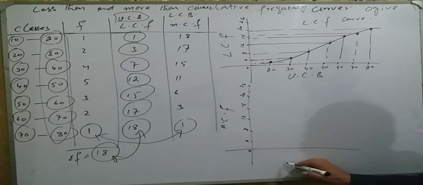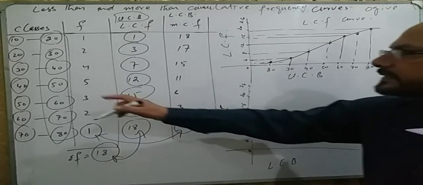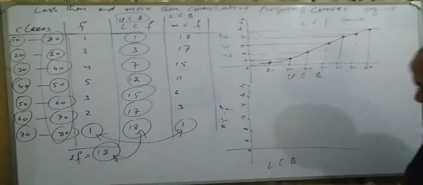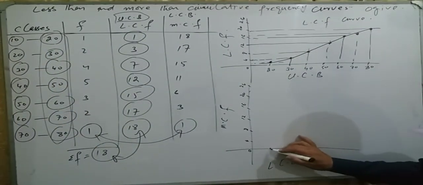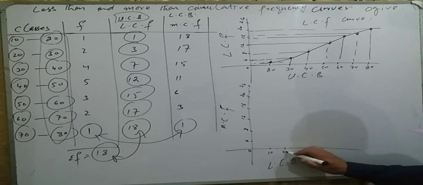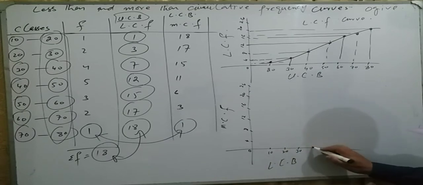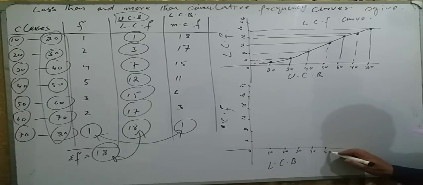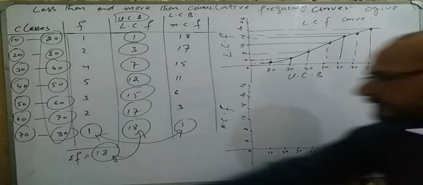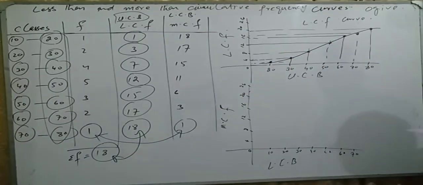And on the x-axis we need the lower class boundary. The lower class boundary starts from 10. So here you will write 10, then 20, then 30, then 40, then 50, then 60, and then 70, because the last lower class boundary is 70.